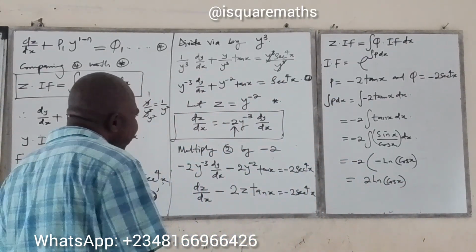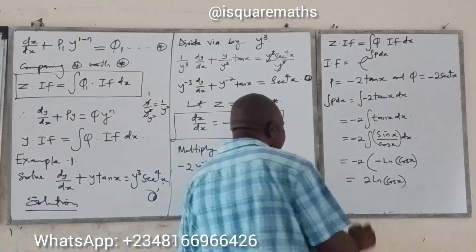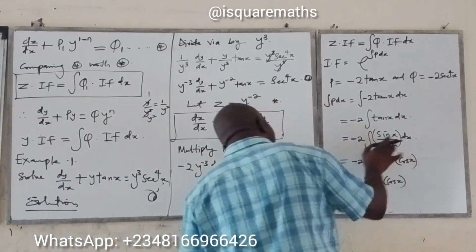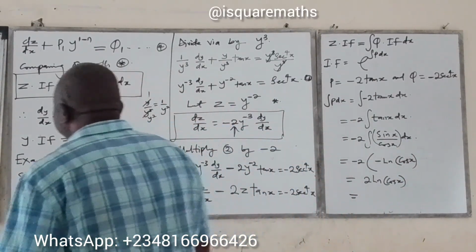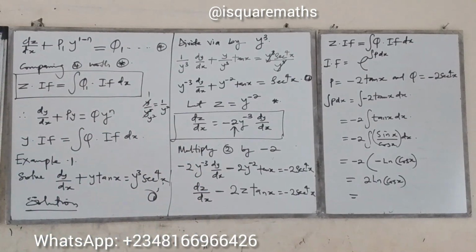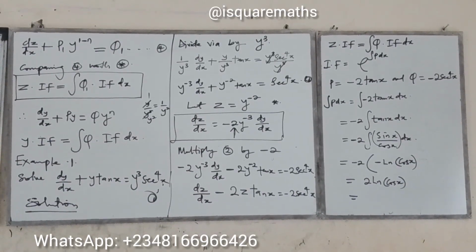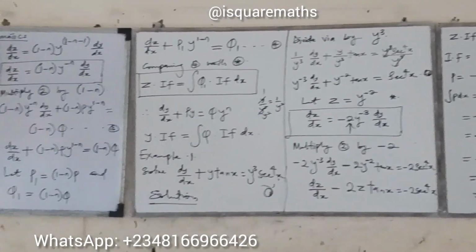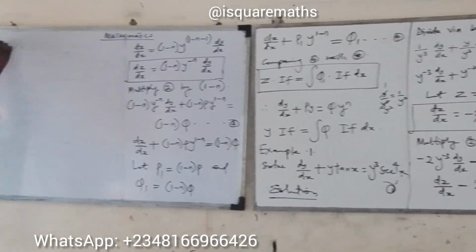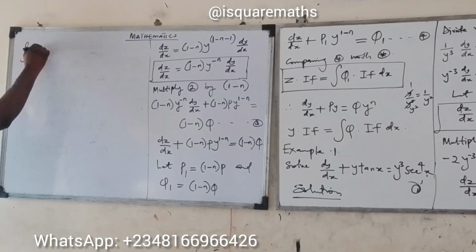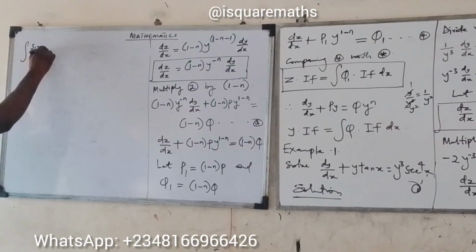And of course, let me bring out this integral of sine x all over cos x, so that you don't get confused. The integral of sine x all over cos x dx.